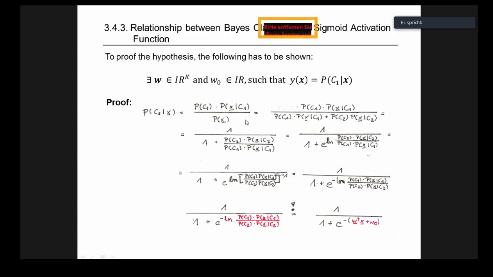Okay, so this is the first step we are taking. The next step that we can do is we can divide the numerator and the denominator by the numerator. So we will get this expression.